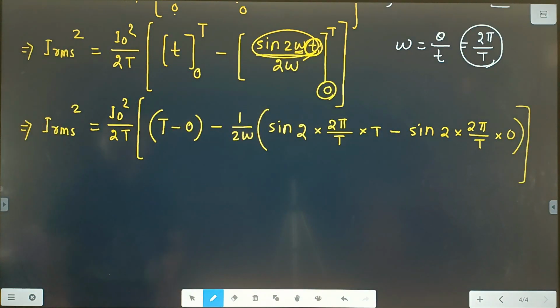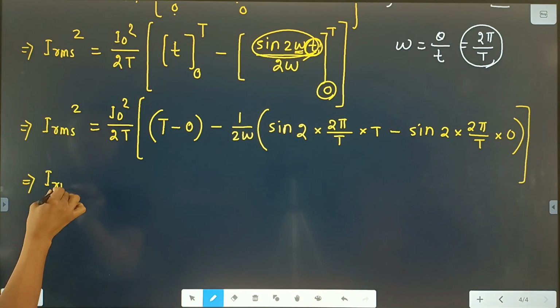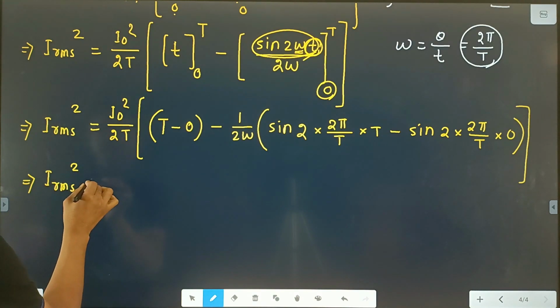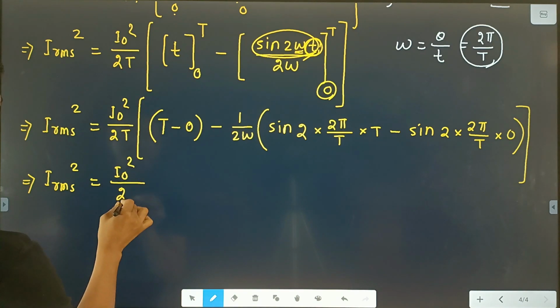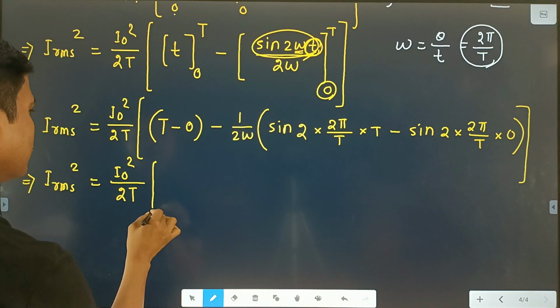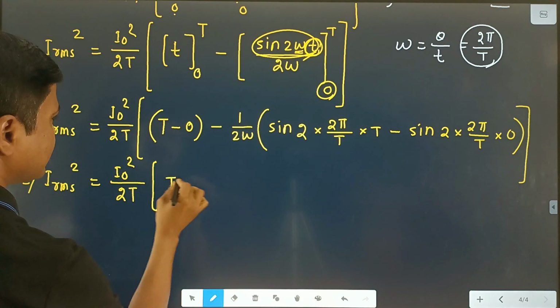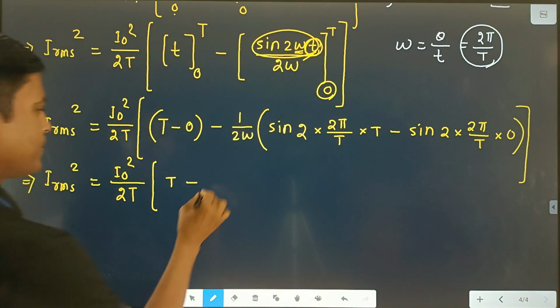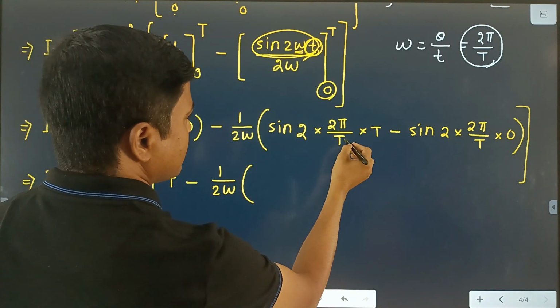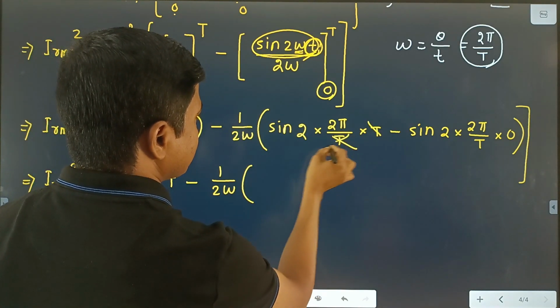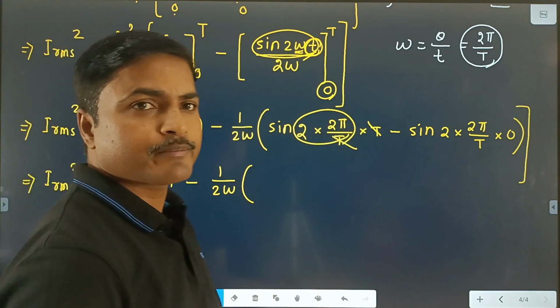Clear? That implies we write IRMS square is equal to I0 square divided by twice of T multiplied by T minus 0, that is T minus 1 by twice omega, here T cancel, remaining is sin 4 pi.